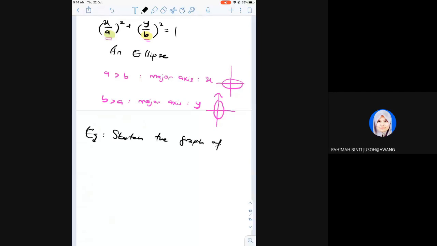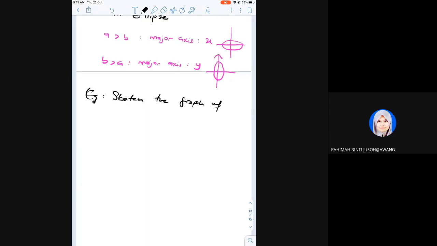Kalau ikutkan dalam test ataupun quiz, it's something like this: sketch the parametric graph of the given equations and indicate the orientation. Panjang ayat dia, tapi saya terus buat pendek-pendek macam ni, we still in this topic lah. Okay, sketch the graph of, let's say we have x equals to 5 cos t, and then y equals to 7 sin t.